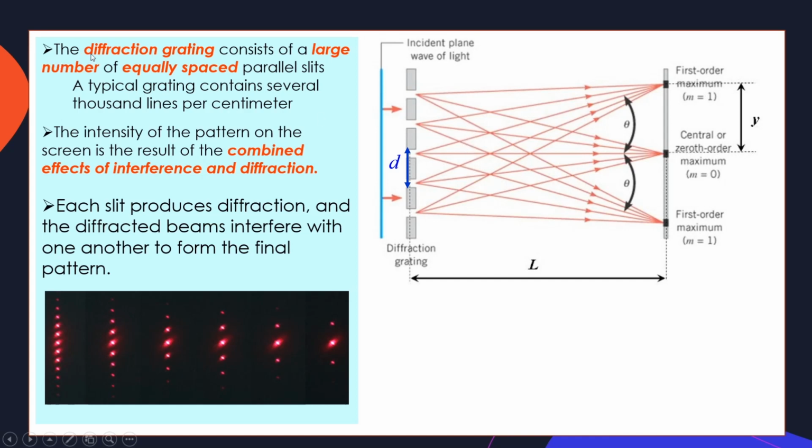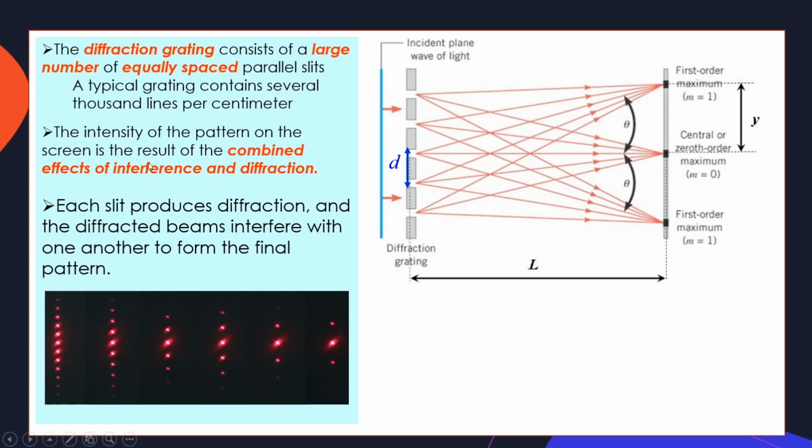So as we know, the diffraction grating consists of a large number of equally spaced parallel slits, and a typical grating contains several thousand lines per centimeter. So in your experiment, we use 100 lines per millimeter, or 300 lines per millimeter, or 600 lines per millimeter.